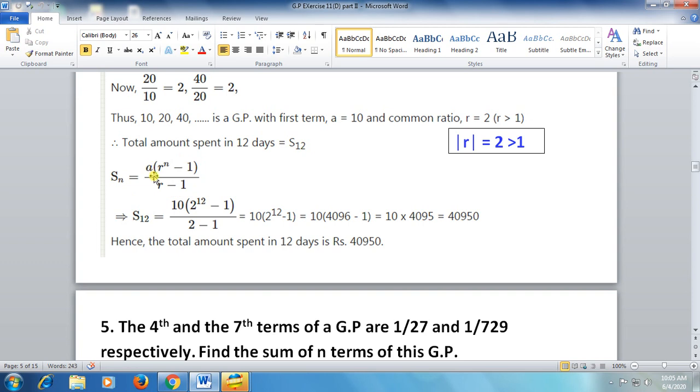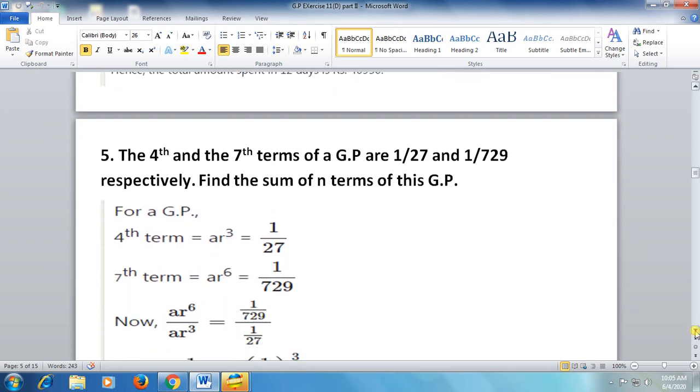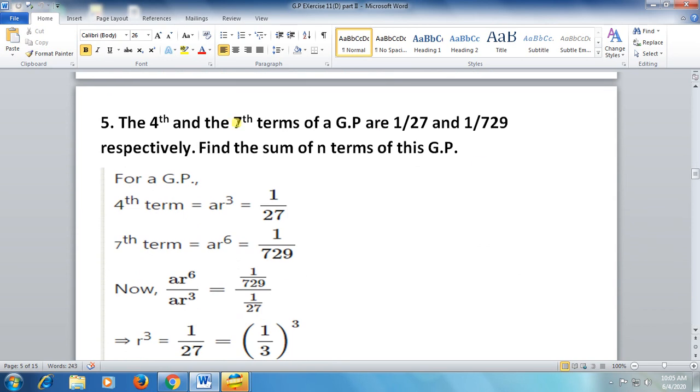Substitute the value of a as 10, r as 2 and n as 12. After simplification, the total amount spent in 12 days will be equal to rupees 40,950.